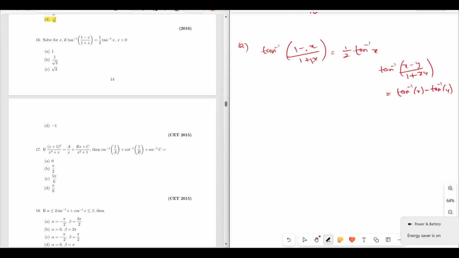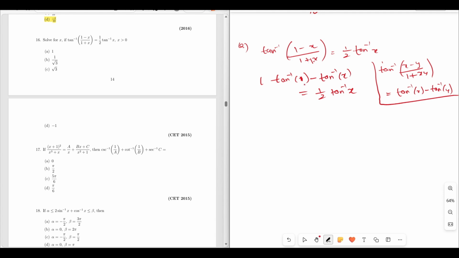So it is of the format tan inverse x minus tan inverse y. So now what will I get? I'll get tan inverse of 1, with the value of x taken as 1 and the value of y taken as x here, minus tan inverse x, is equal to 1 by 2 tan inverse x.